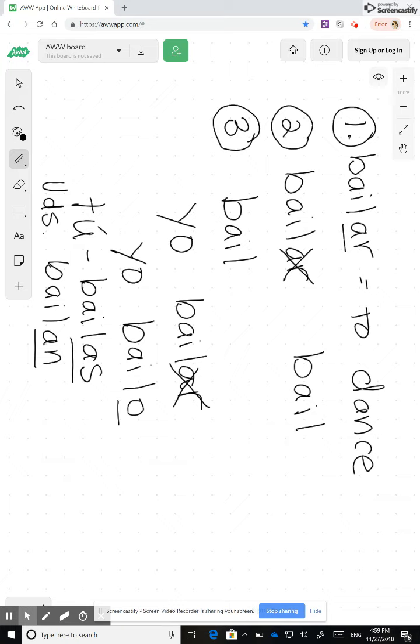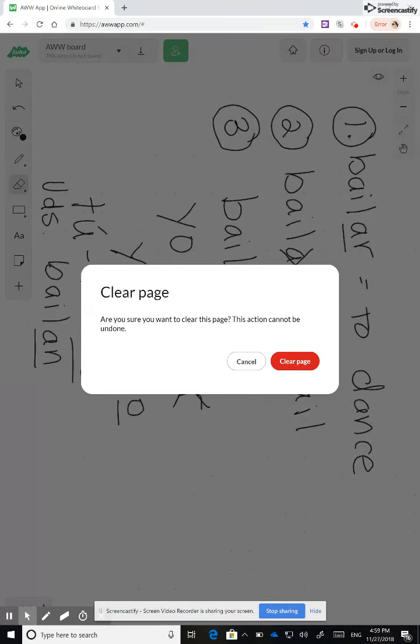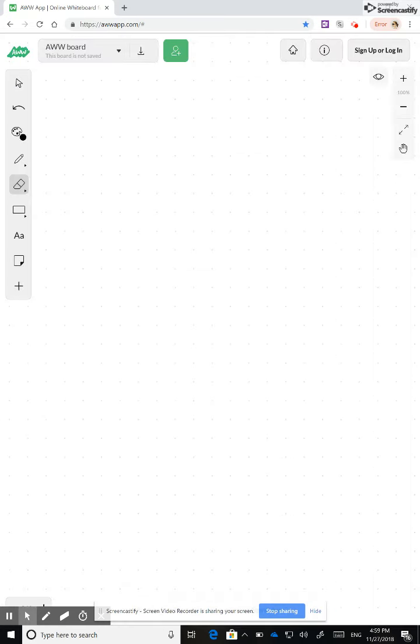There are some verbs that I want you to focus on. You're going to see them on your final. And I want you to keep in mind that you can do these same steps with any of the regular AR verbs. So I'm just going to write quite a few of those. Our first one is bailar, to dance. We have cantar, and these are all verbs that we've done before.